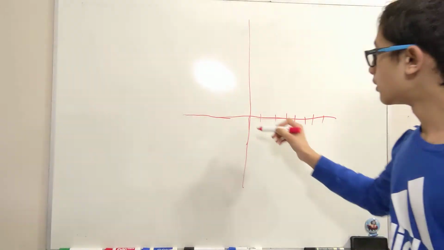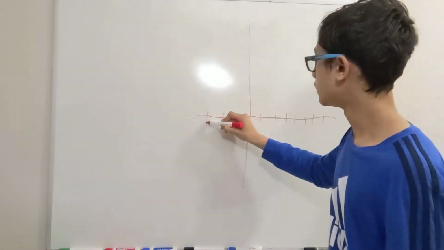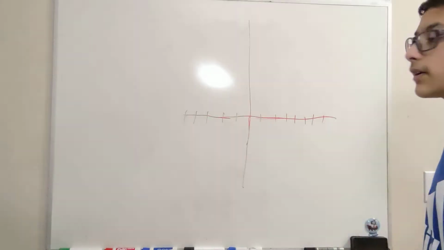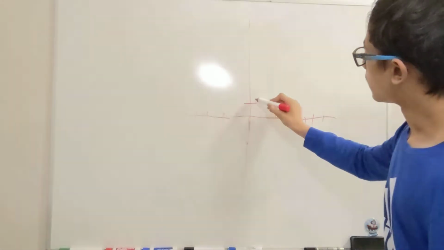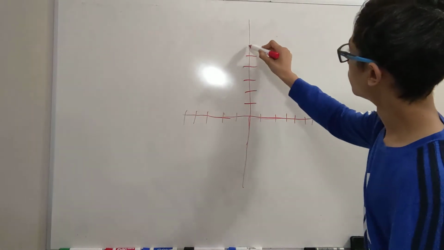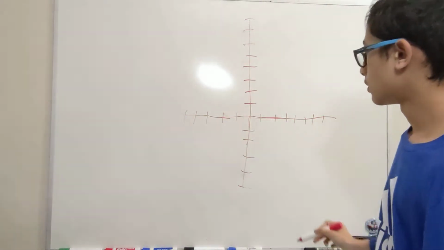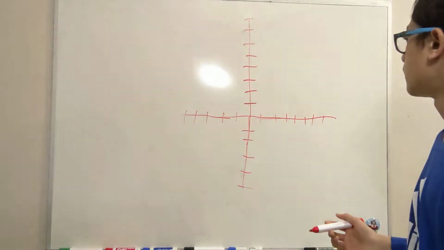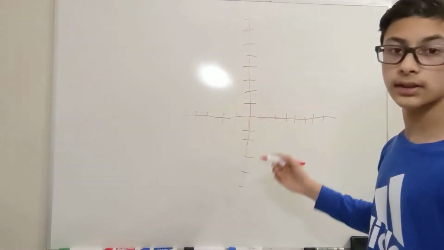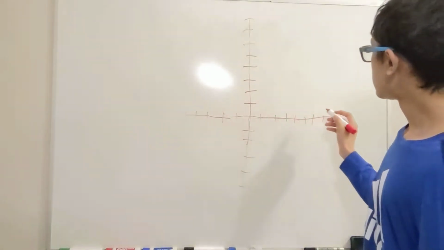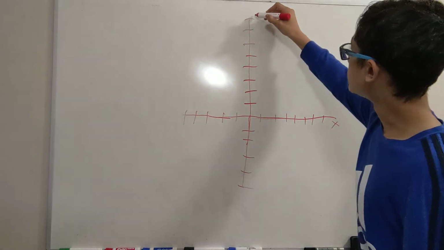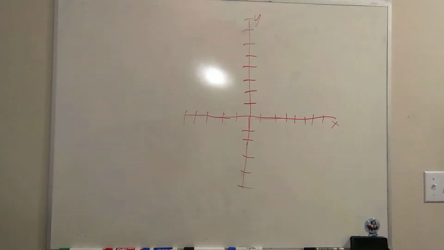Okay? 1, 2, 3, 4, 5. We'll put 5 on that side, 7 on that side. Mark it up. Now, in case you don't know, this is the origin. It's 0, 0. This is the x-axis, and this is the y-axis, right?